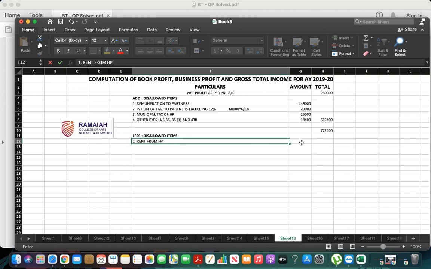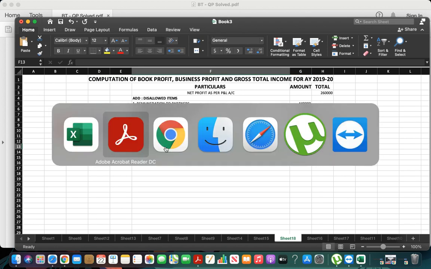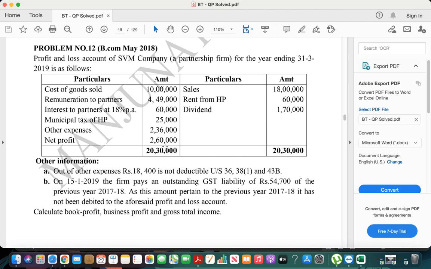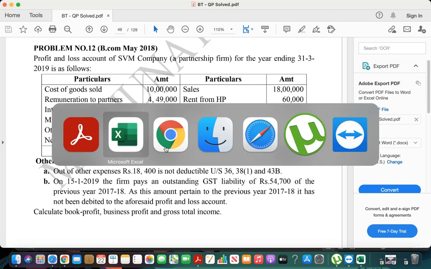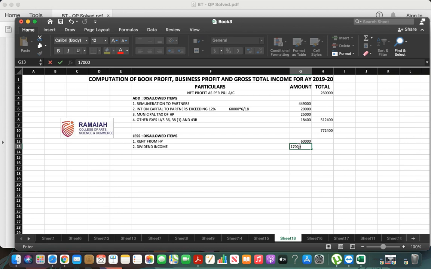That is 60,000. Next, dividend. Dividend is investment income, not business income, so it is disallowed, 1 lakh 70,000.